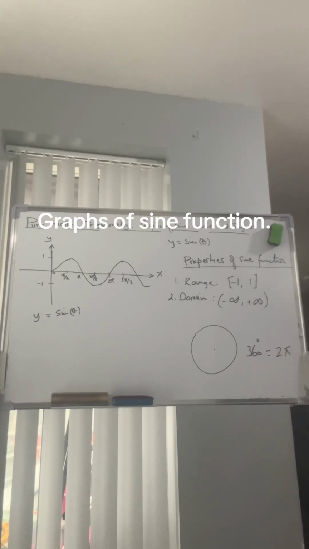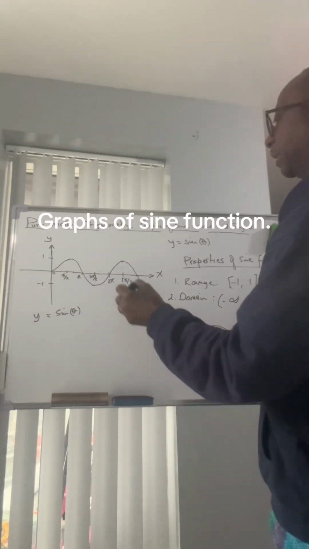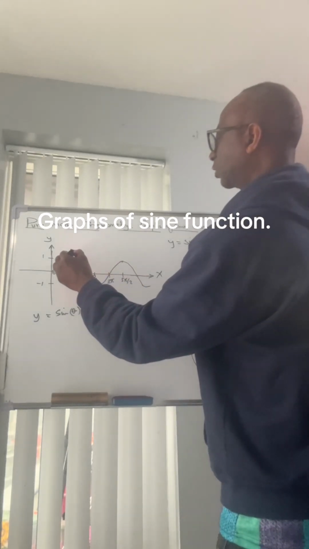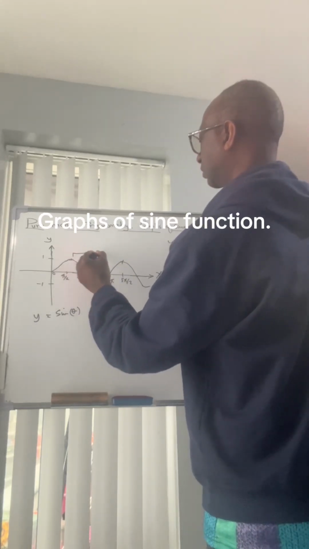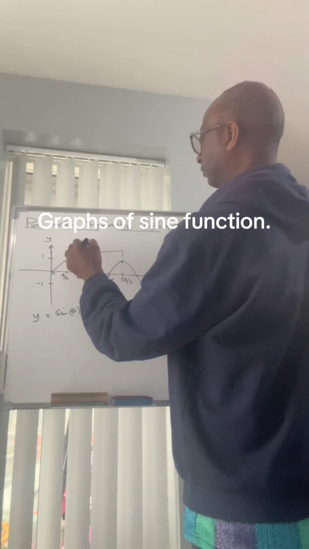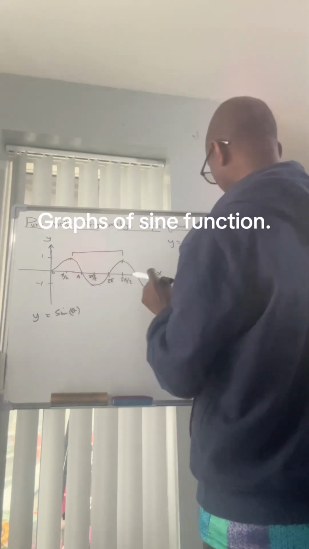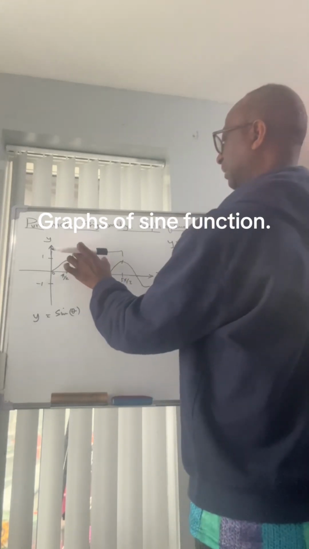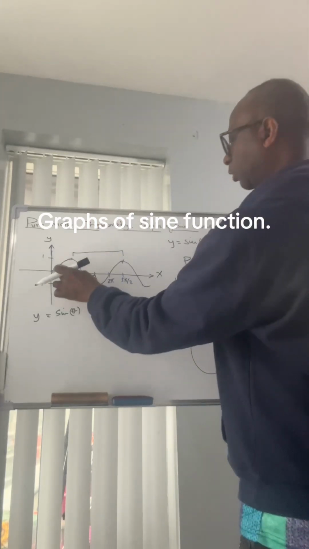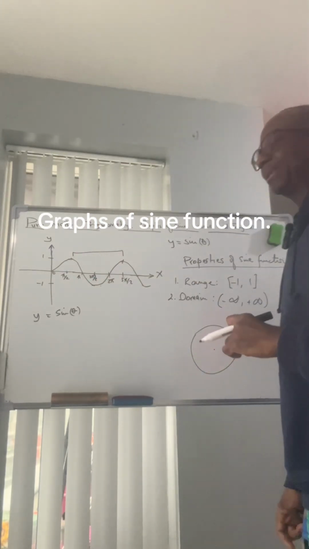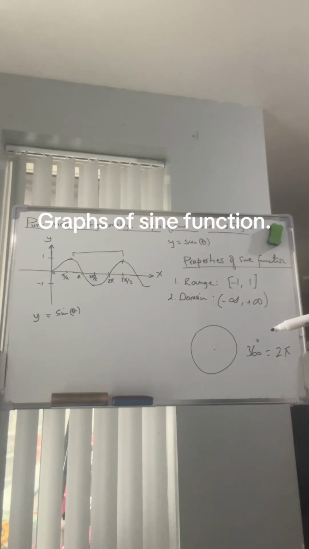It's simpler to solve with than 360 degrees. So that is one circle here. From this top to this top forms one revolution, one turn. So this is 2 pi, 360 degrees.